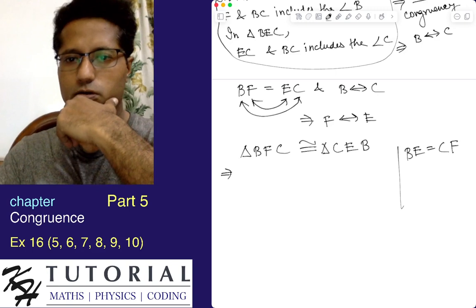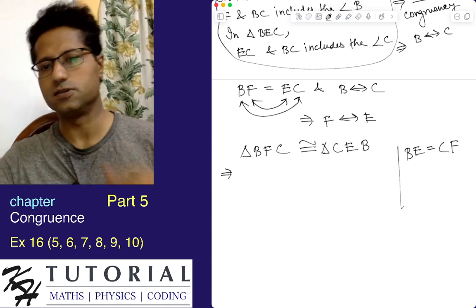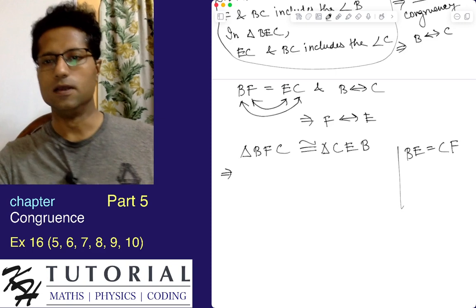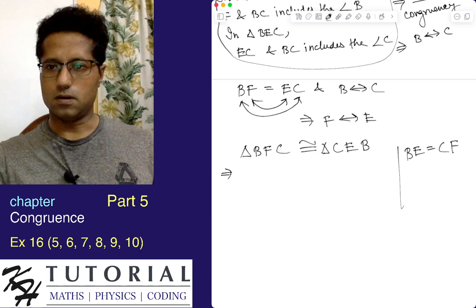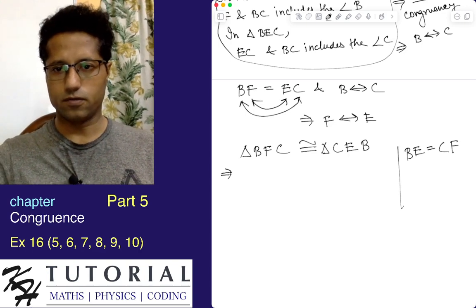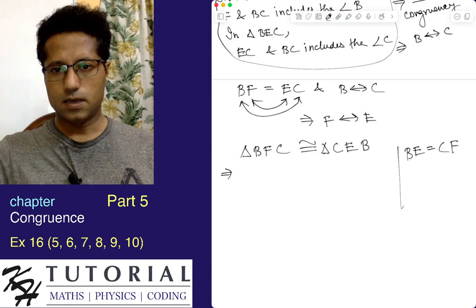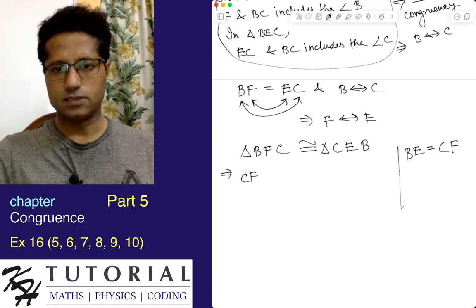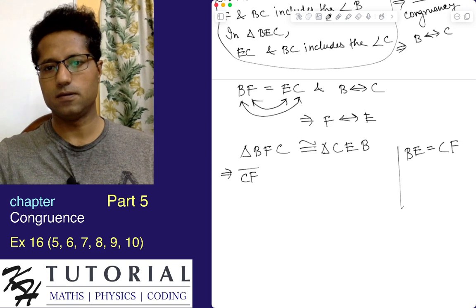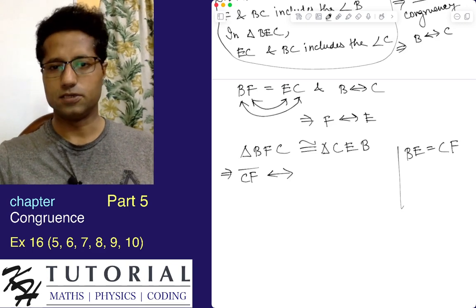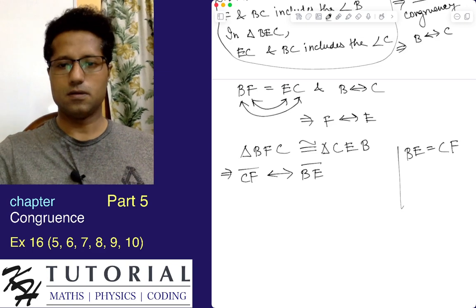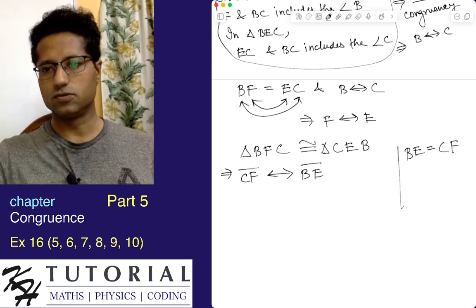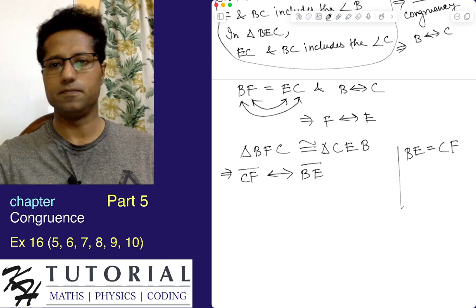Now, from this congruence relation that triangle BFC is congruent to triangle CEB, the side CF from triangle BFC must correspond to the side BE of triangle CEB, because we have to prove BE equals CF.